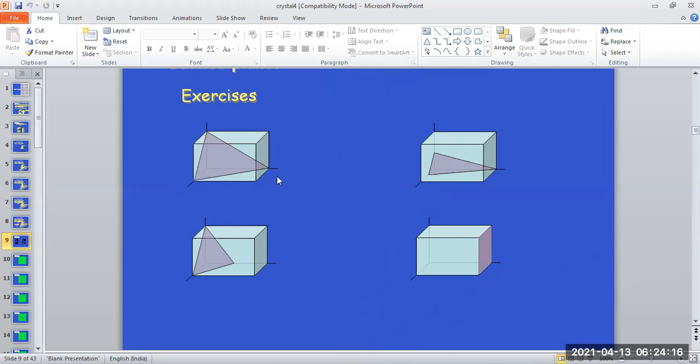The x, y, z axes are represented with the dark black lines. Here also, this is one of the sets of planes. This is a set of lattice planes, and this is a set of lattice planes, and this is also a set of lattice planes.